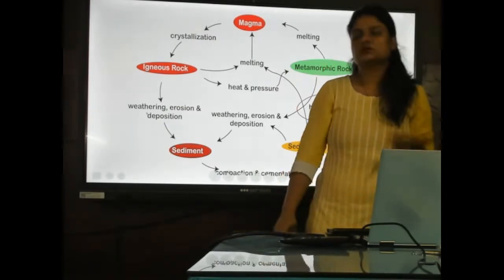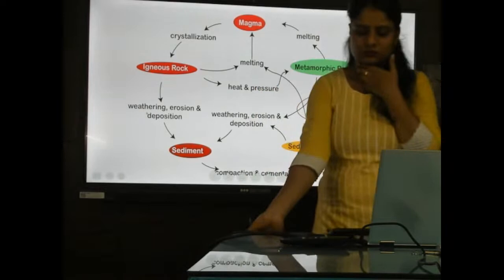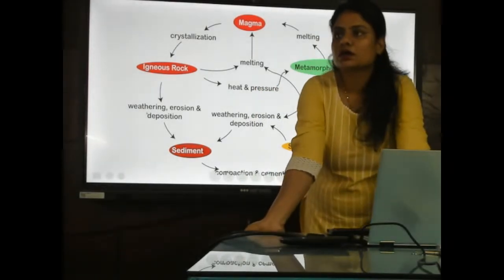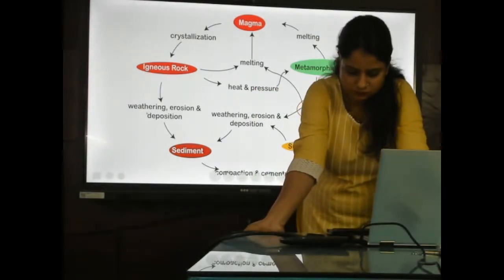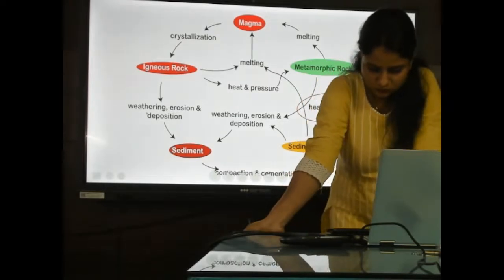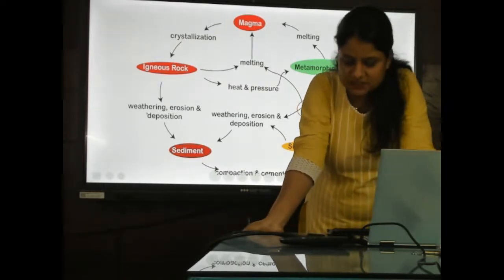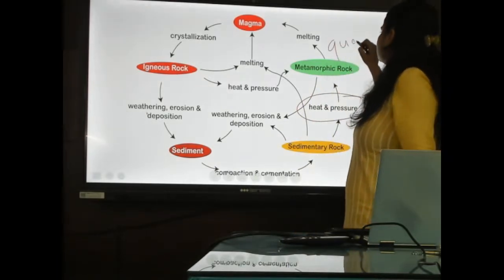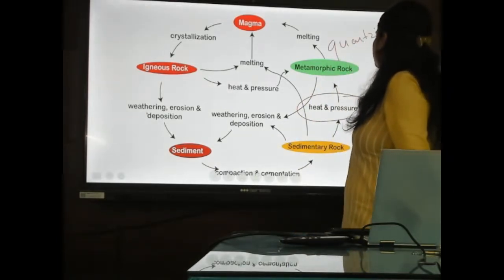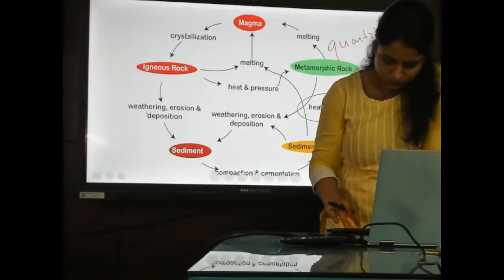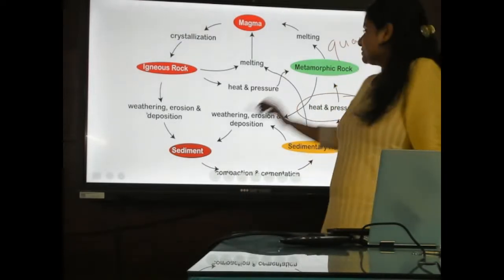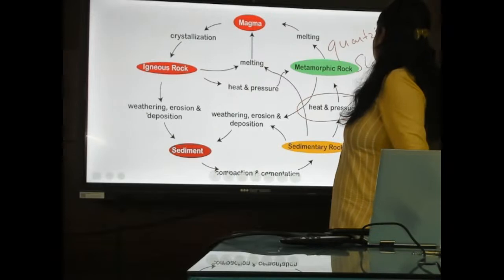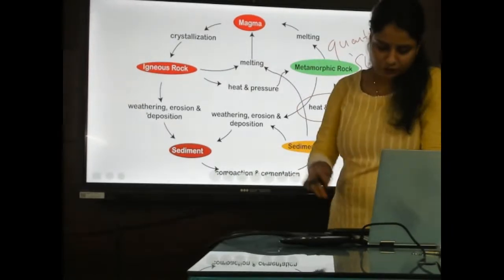Examples, just write down: diamond, marble, then quartzite, then slate. These are examples of metamorphic rock.